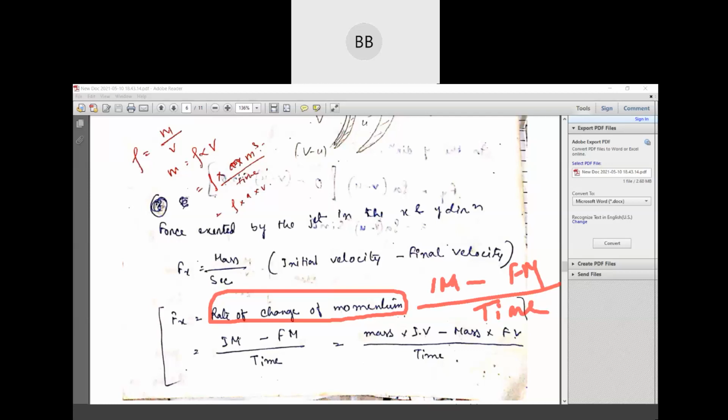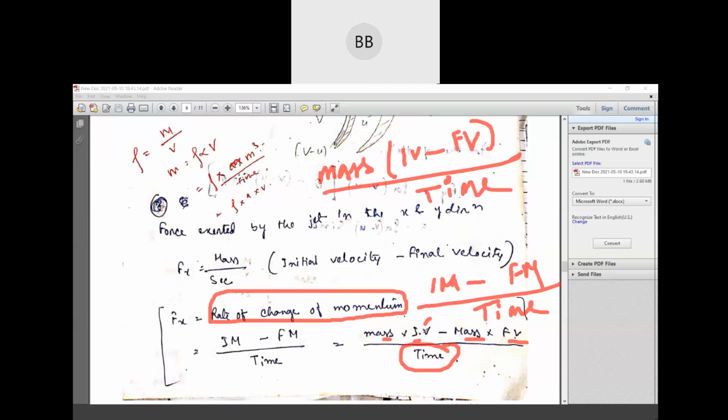As we are considering initial momentum, we take mass into initial velocity, minus mass into final velocity, divided by time. So we can take mass as common, then initial velocity minus final velocity divided by time. You can write it down.